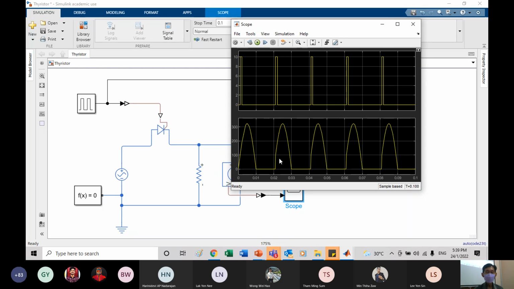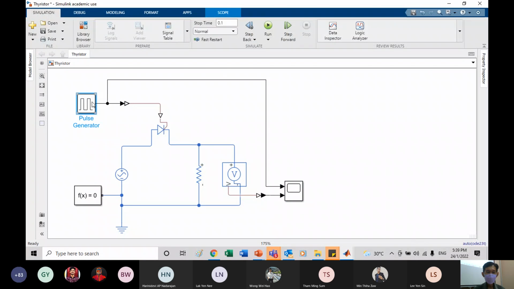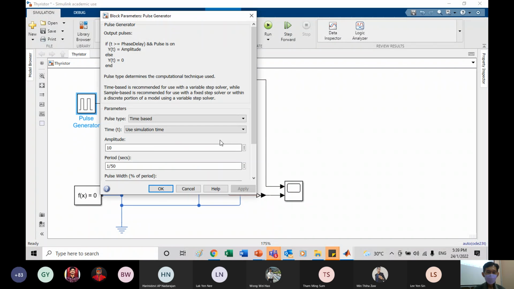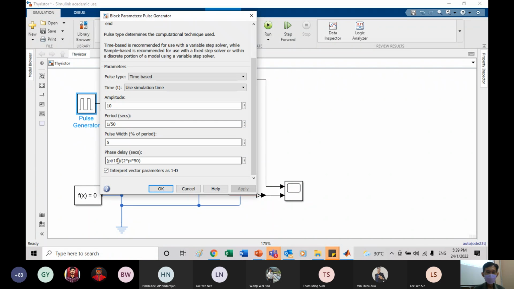Of course, there will be a lot more realistic applications when we come to the AC converter. So with this one, you can play around with the angle. You can just divide by 10, divide by whatever, divide by 4, by 6, for example.